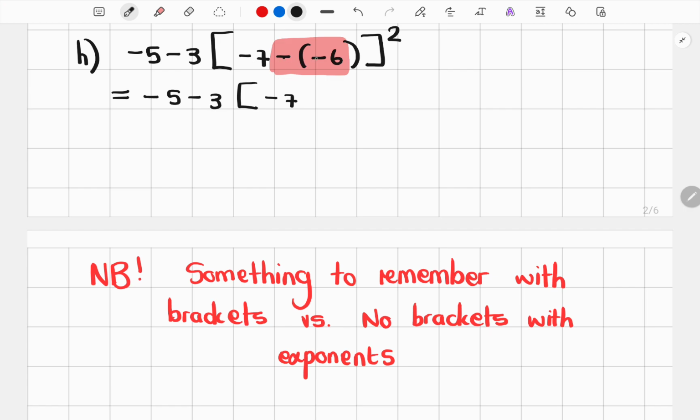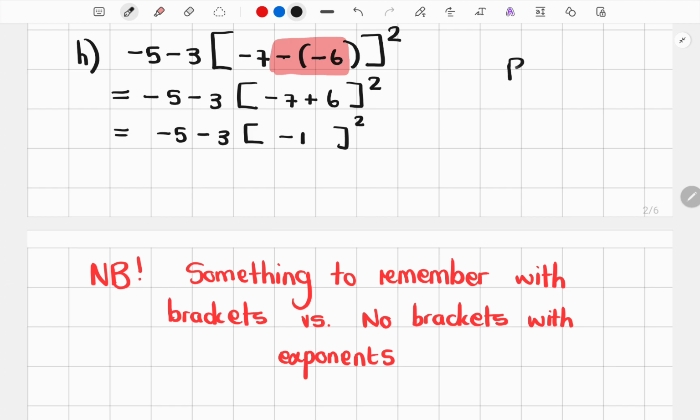So -7, a negative times a negative is a positive 6. And then it's all raised to the power of 2. So -7 plus 6 all raised to the power 2. -5 minus 3. And now we're going to simplify our brackets. We're still not done with those brackets. -7 plus 6 gives you -1.